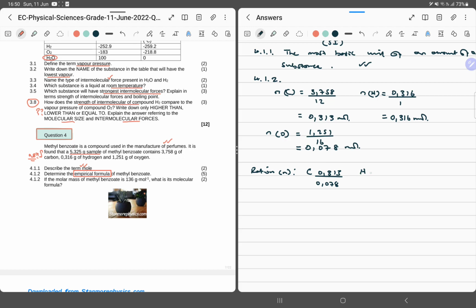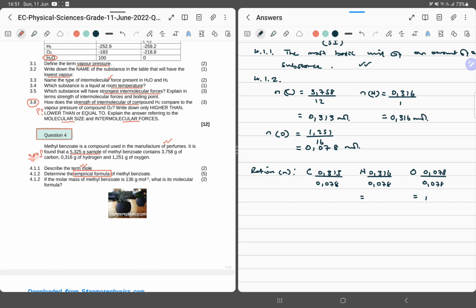That of hydrogen is going to be 0.316 divided by 0.078, and that of oxygen is 0.078 divided by 0.078, which is effectively 1.